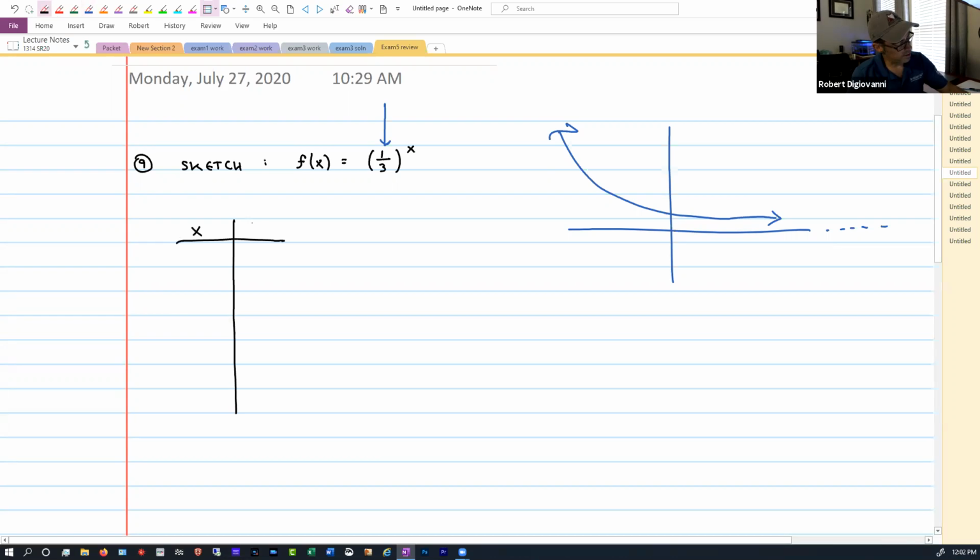So here's x, here's 1/3 to the x. I'm gonna go -3, -2, -1, 0, 1, 2, 3. And I get my calculator out. So this might be a little bit hard to do. I recommend that you make sure that you can get answers similar to what I'm getting here. I'm getting 27. And then you should get 9.